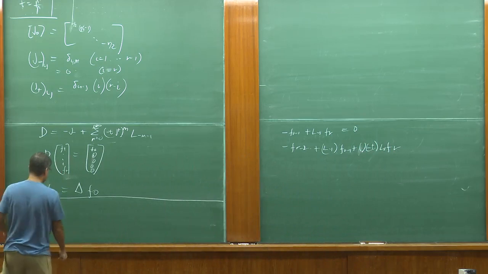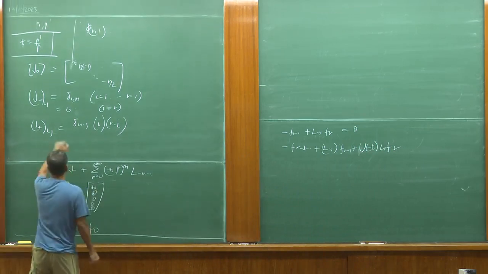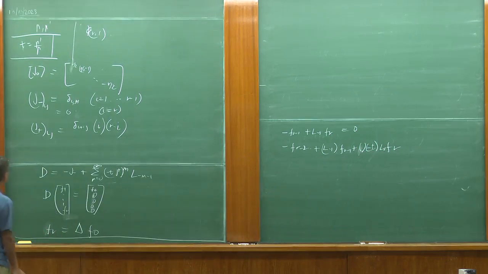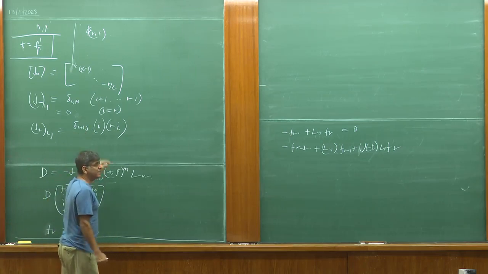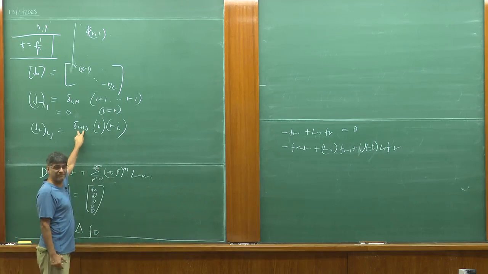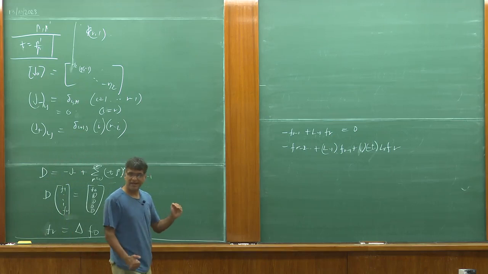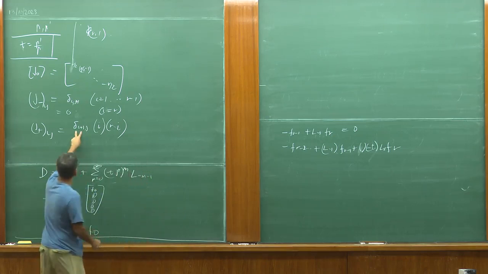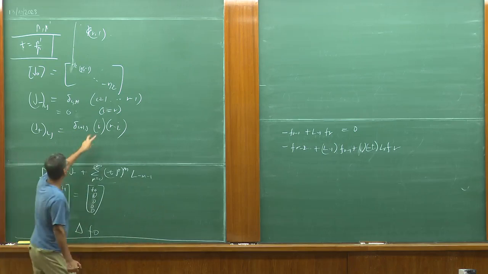Right, now what is the number? The number we read off from here. So we wanted to be in the r plus 1th row. So I plus 1 has to be r plus 1. No, sorry, r minus. We were looking at terms in the r minus 1th row. Okay, so I plus 1 has to be r minus 1. So I has to be r minus 2. Okay, so we put this in here.